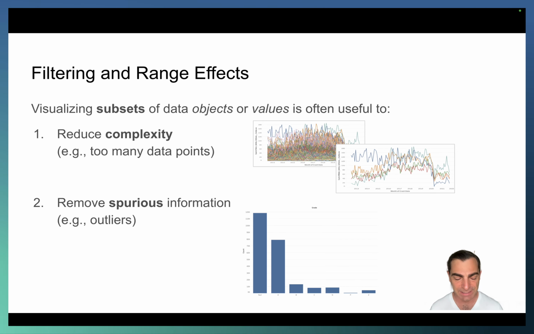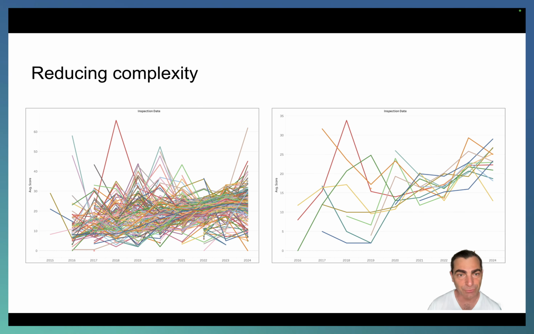And the second is that sometimes we need to remove spurious information. We saw outliers before, and sometimes it's useful to remove an outlier, or there are many other elements that represent spurious information, and we might want to remove it. So for instance here, as I said, many lines, too much clutter, so reducing the number of lines can help.